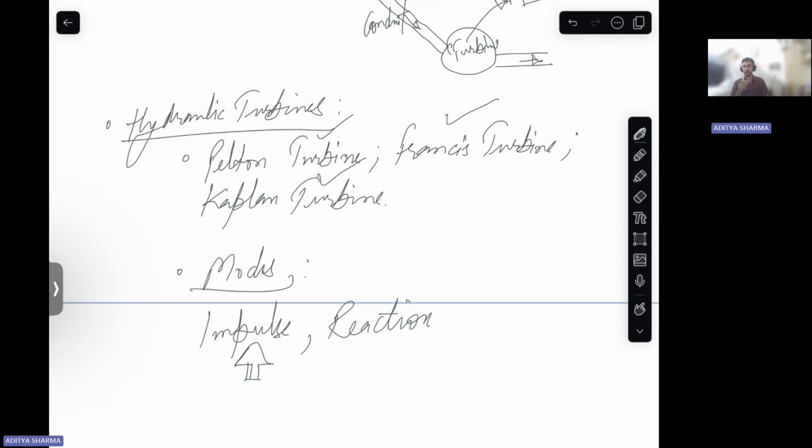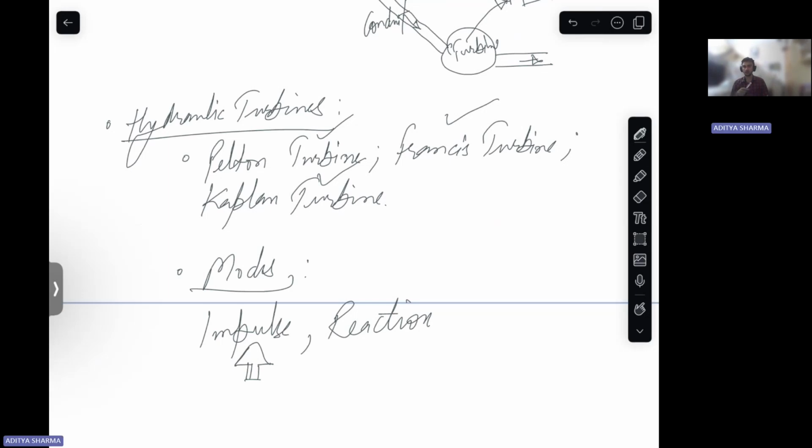And if you see the entry and exit of the turbine, the major contribution to the shaft work, or the energy transfer from water, is from the kinetic energy of water.